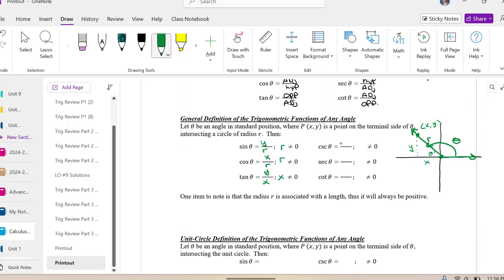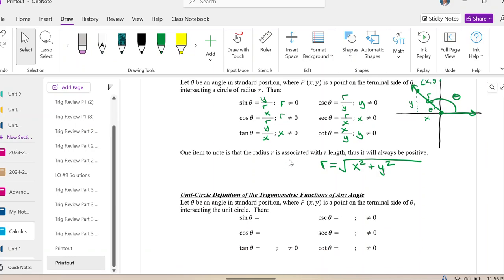The cosecant is the reciprocal. The secant is the reciprocal of the cosine. Cotangent is the reciprocal of the tangent. Alright, to find the radius, you do the Pythagorean theorem. It's the square root of x squared plus y squared. So that's the general definition.